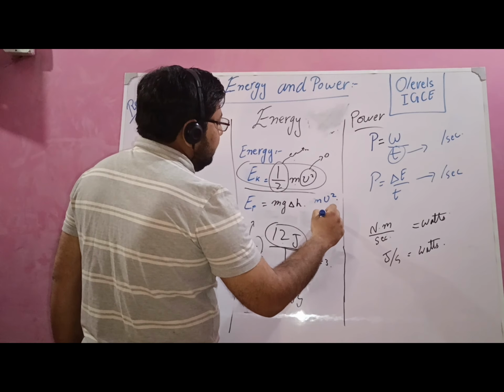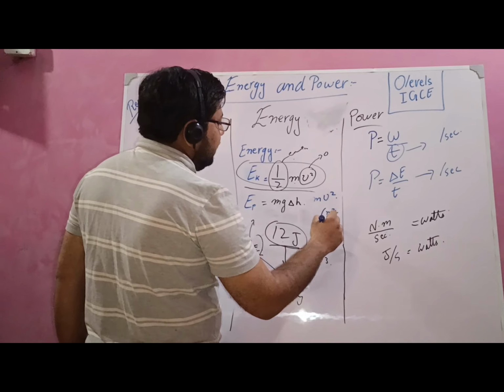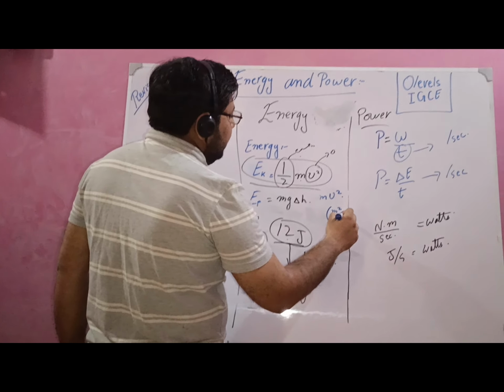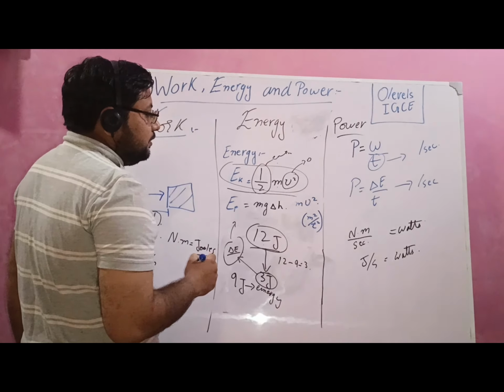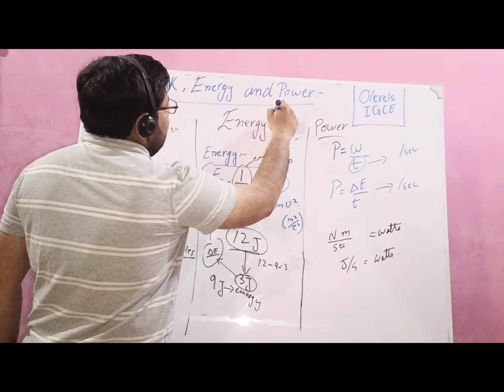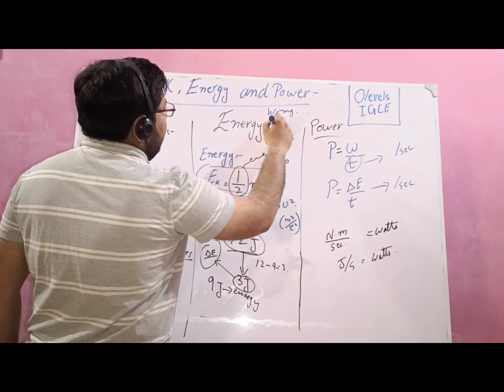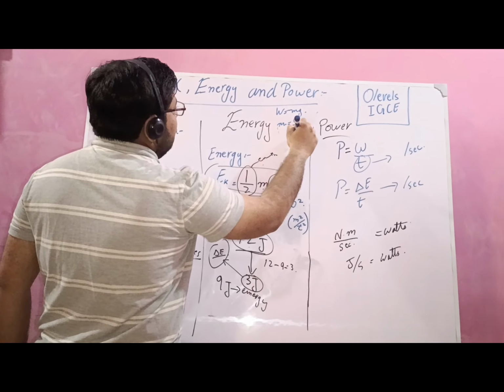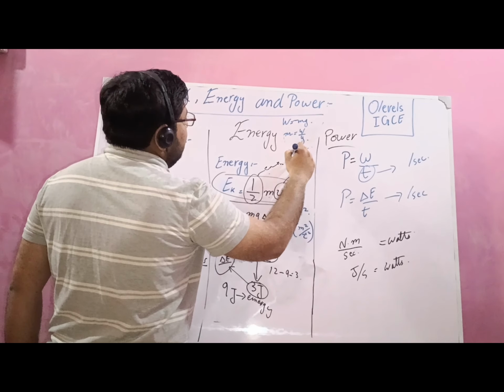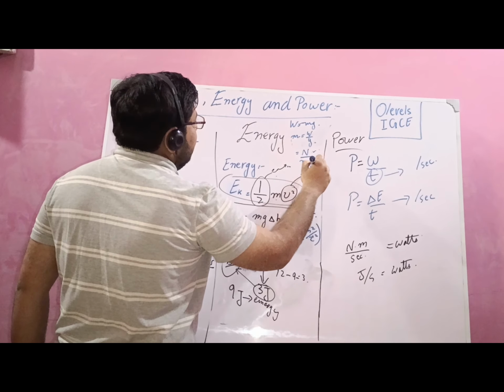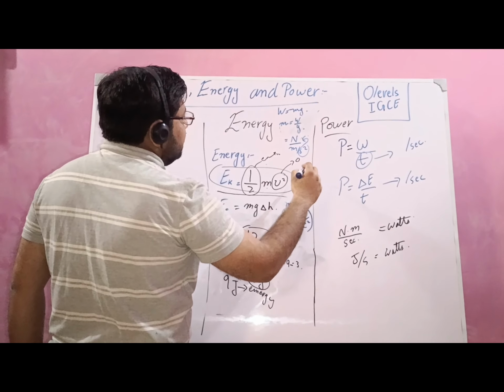For v squared it will be meter squared and time squared, since v is meter per second. For mass, W is equal to mg, so m will be equal to W upon g, that will be Newton upon meter per second squared. This is in the denominator, so it will move upwards.